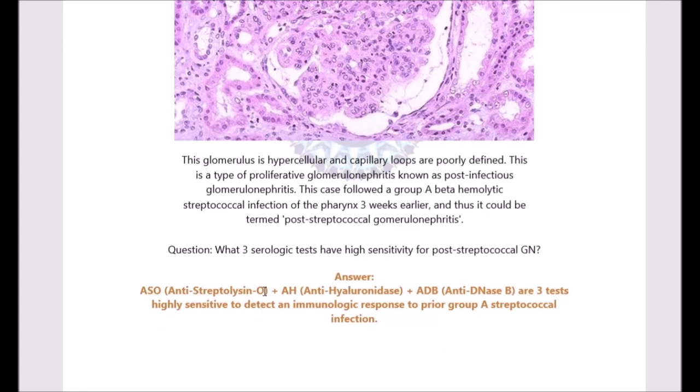Very important: the ASO, anti-streptolysin, the anti-hyaluronidase, and anti-DNase B are 3 tests highly sensitive to detect an immunological response to the prior group A streptococcal infection. These are the knowledge that you can add there. So make a box and learn these 3.